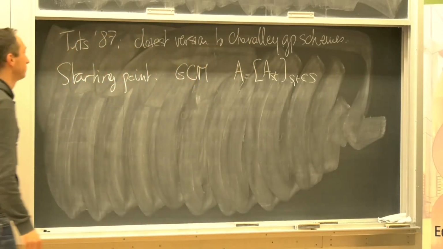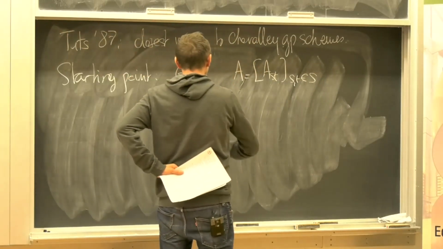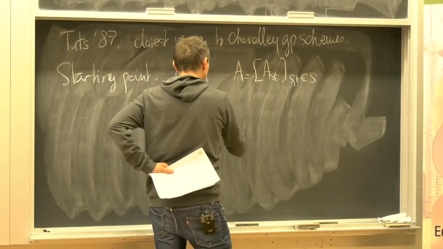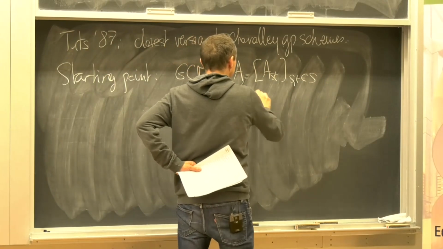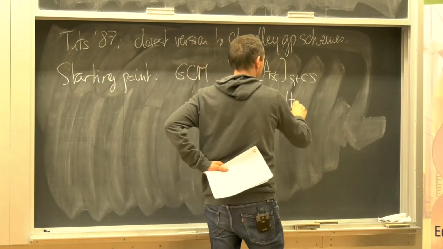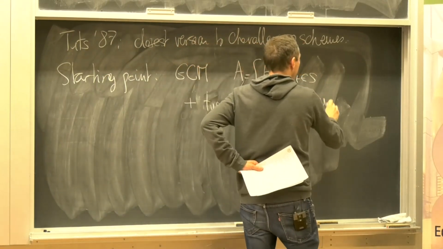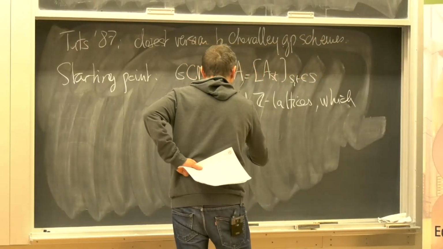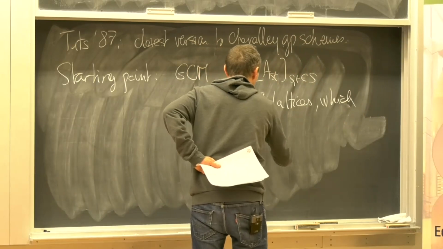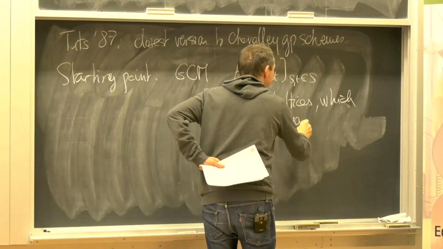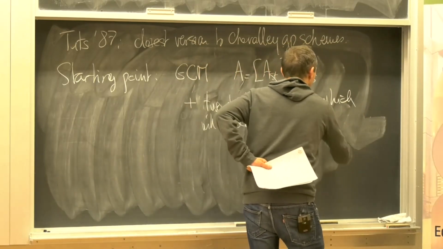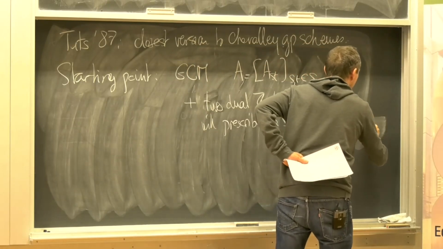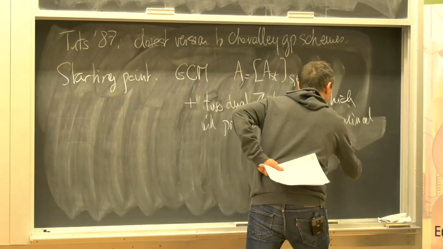You have to add information given by 2 dual Z lattices, which will prescribe the shape, the size of maximal split tori.